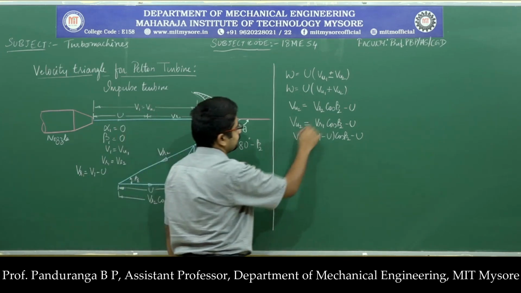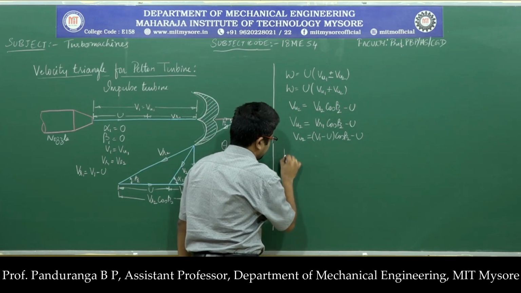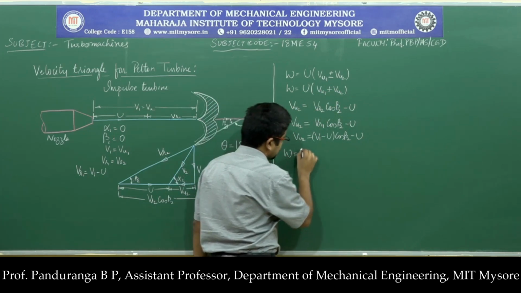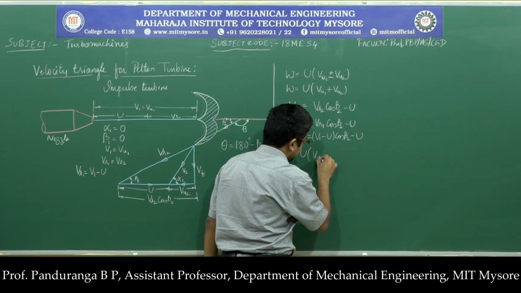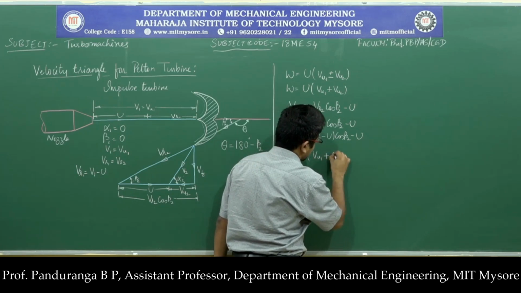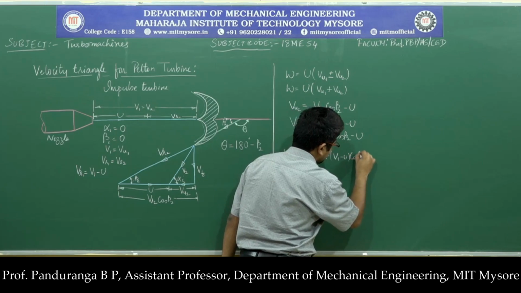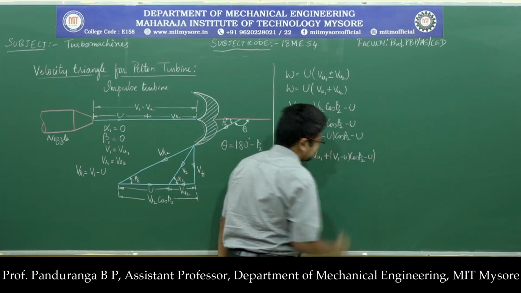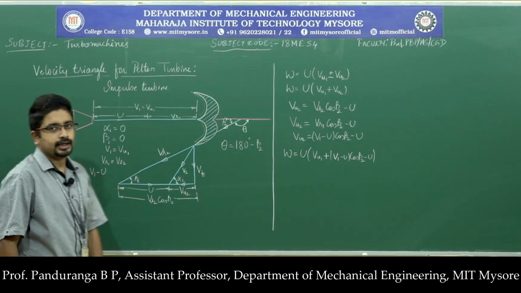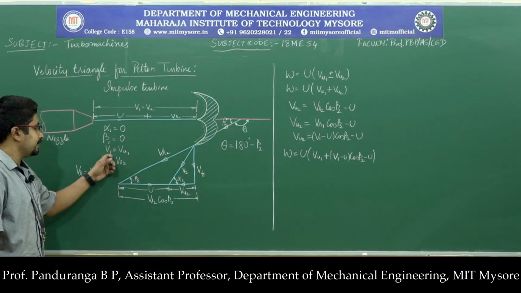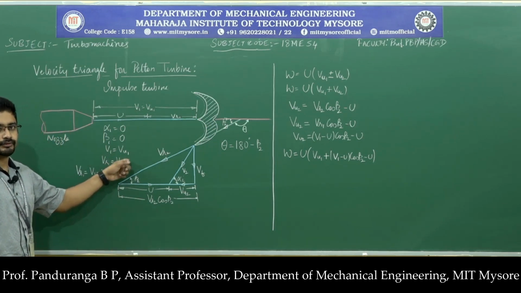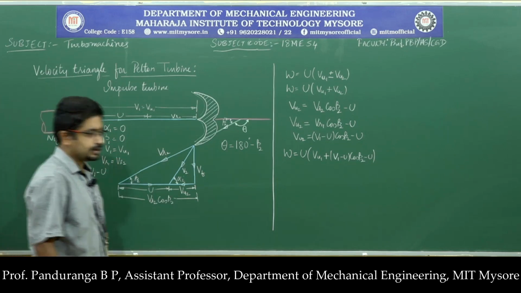Now I'll substitute Vu2 here. So work done will be equal to U into [Vu1 plus (V1 minus U) into cos beta 2 minus U]. And I also know that V1 is equal to Vu1, they are numerically the same here.